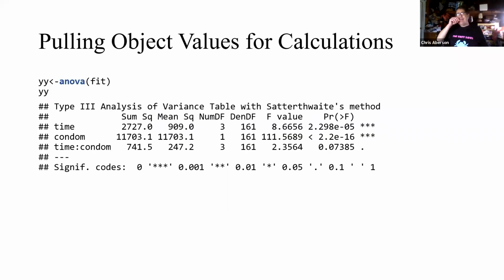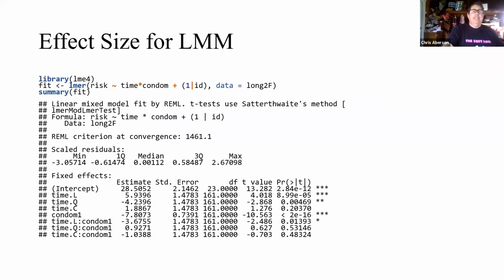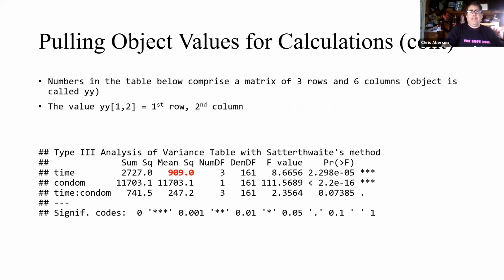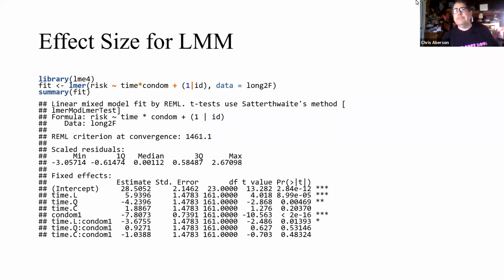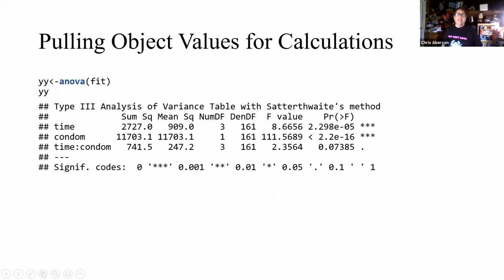But we can do a command called, sorry. So my summary here has estimates and standard errors, and what I've done here is I am going to issue the command ANOVA on the object that holds my analysis, which is called fit, and that's going to give me a table here.